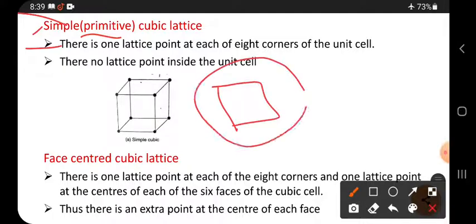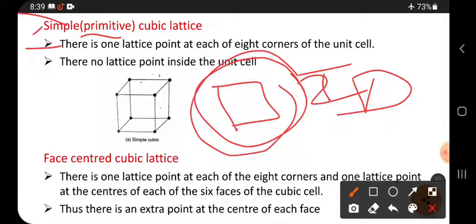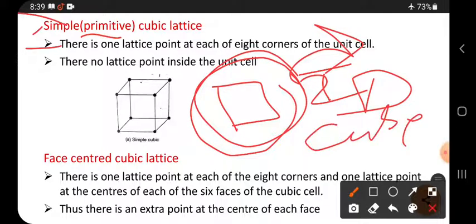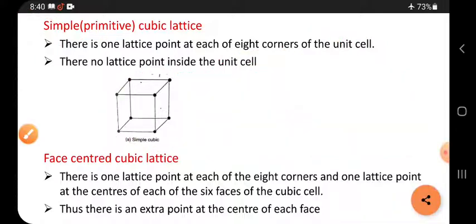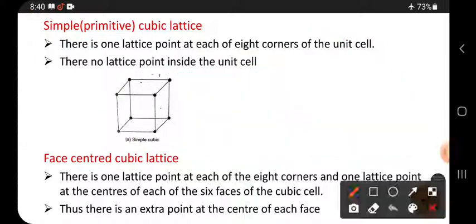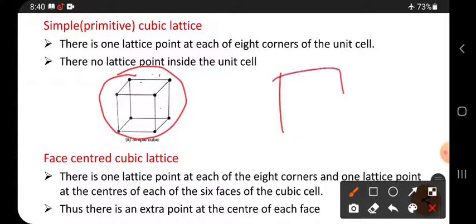A square is 2-dimensional, and in 3D the square becomes a cube. That means it is a 3-dimensional unit cell. I showed a 2-dimensional unit cell earlier, and this is a 3-dimensional unit cell.